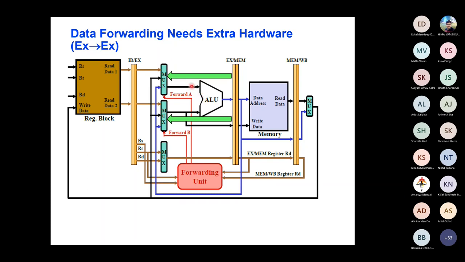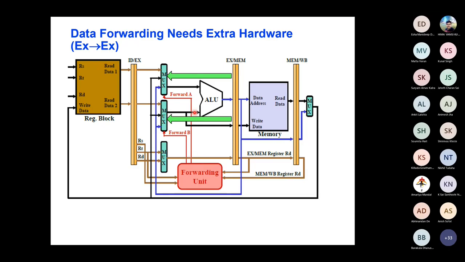And since in the ALU there are two inputs, source 1 and source 2, you need data paths leading to these multiplexers. You need two separate data paths. Of course, whether or not this forwarding unit is to be activated, you need additional hardware. And you can see that there are inputs coming here from different sites that determine whether there is a conflict of the source and destination registers.